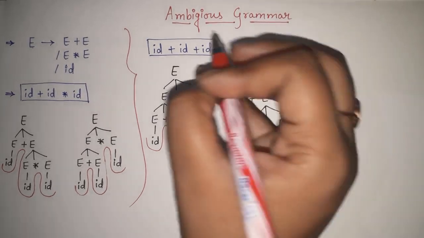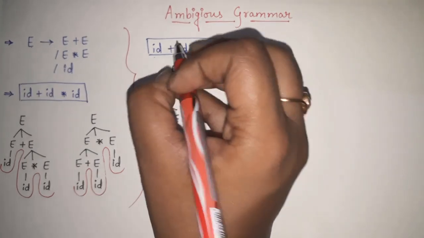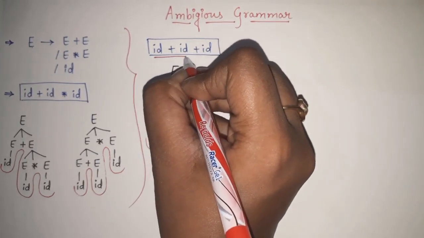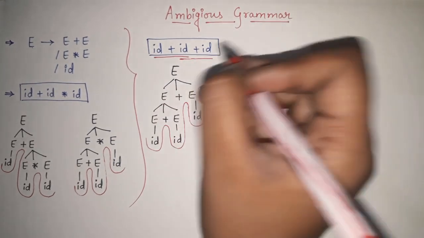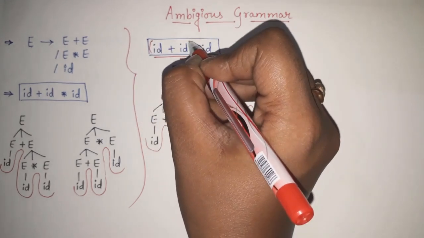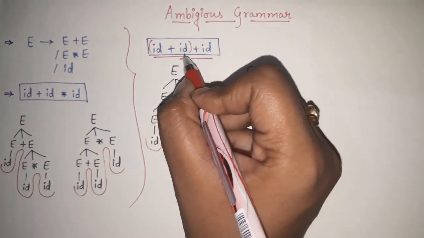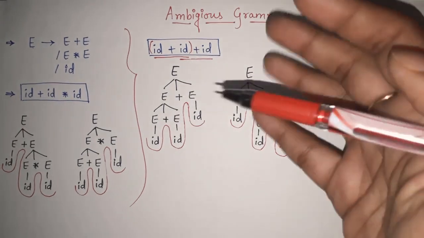But in case of plus, it should be evaluated from left to right, meaning these two must be associated with each other first. Then whatever the answer is should associate with this id and those two will be added. This is the normal method.